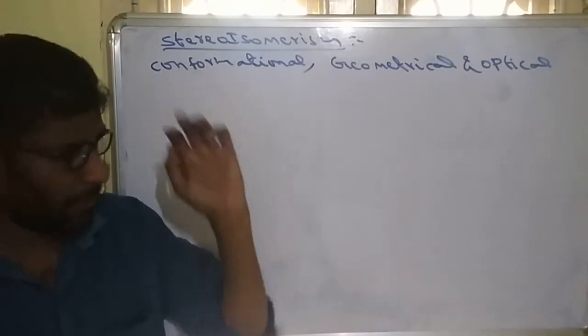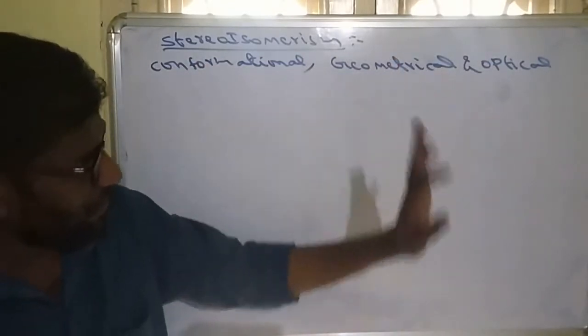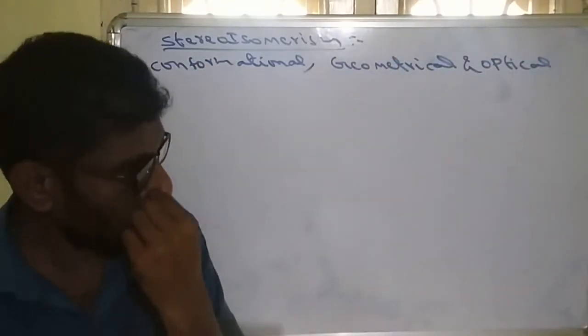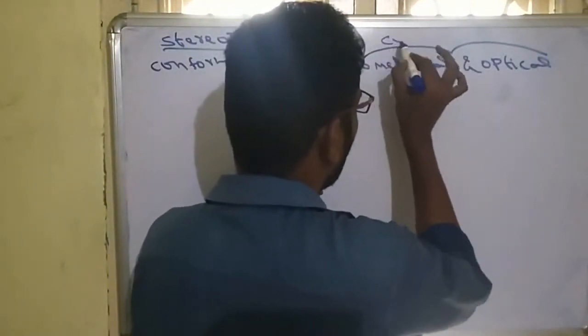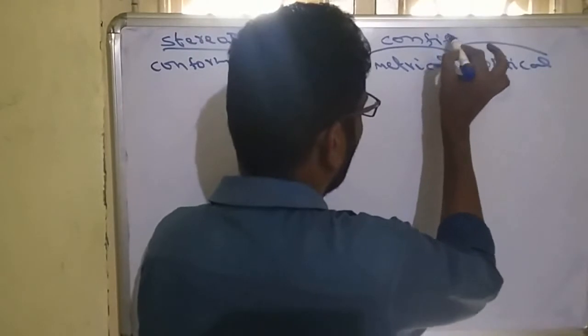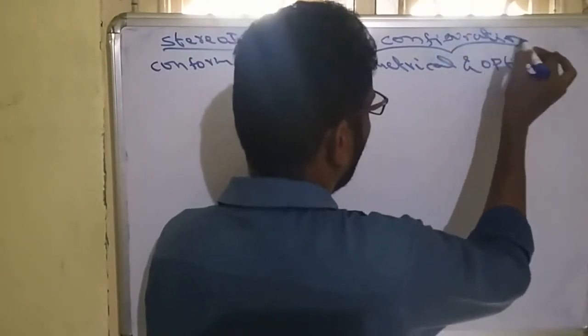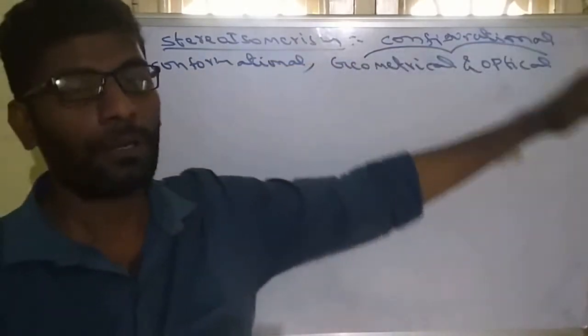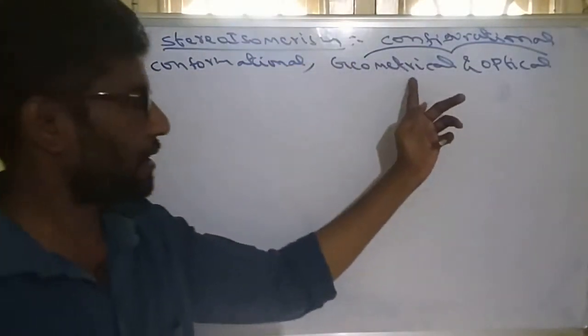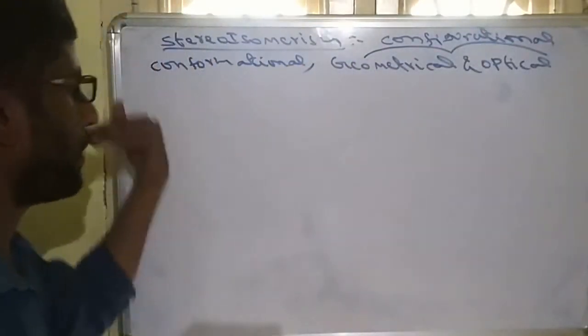One is conformational, another is geometrical, and the third is optical. Geometrical and optical are together called configurational. So this is conformational and these two are configurational. So configurations are geometrical and optical. So one by one we'll see.